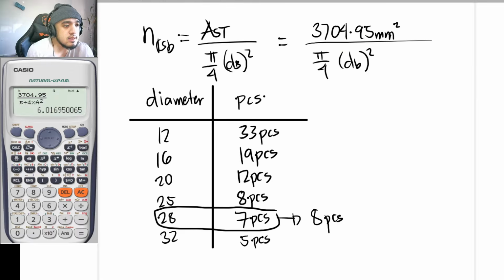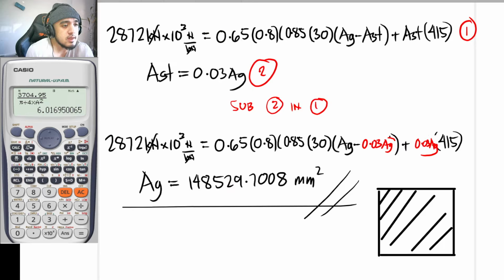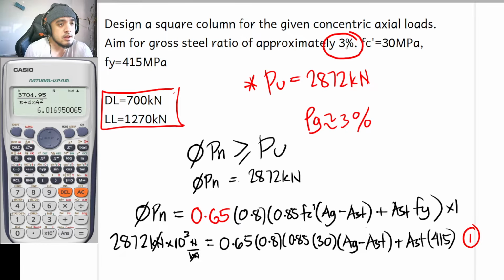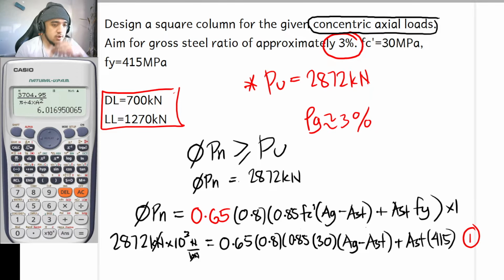And since in this example, since, is this our example? So, yes, in this example, since we are having a concentric axial load, meaning that this is to be a concentric column, or a column that is subject to concentric axial load, our lateral ties is actually not much of an issue, in a way that we do not have any eccentricity, we do not have any shear.